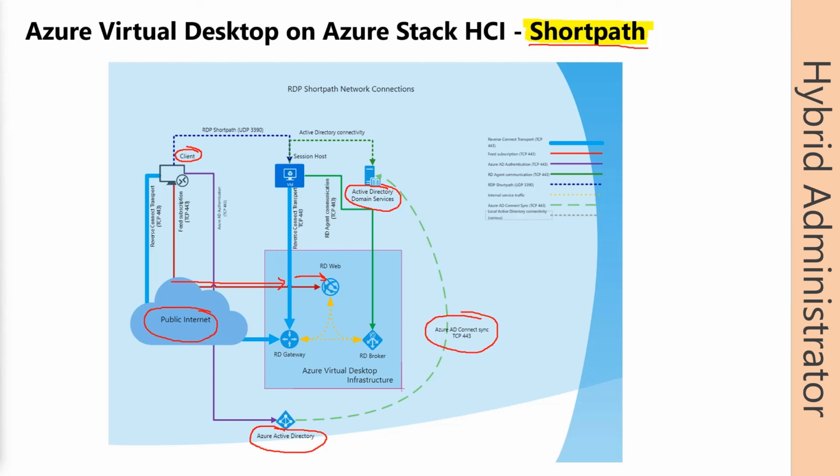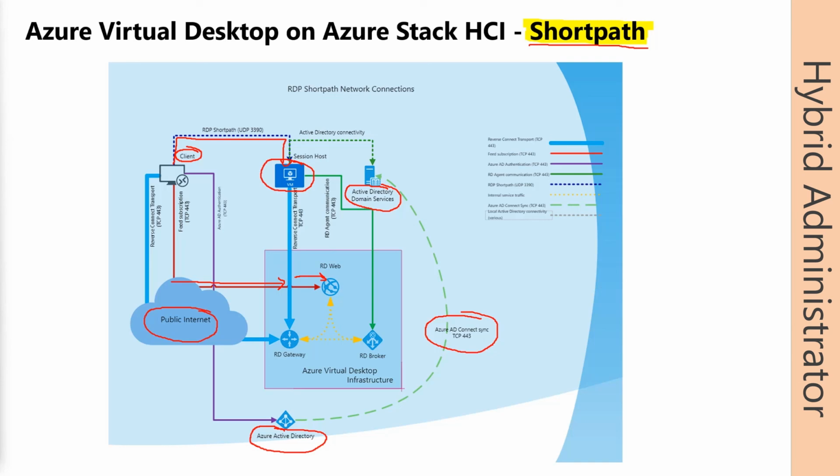And RDP Shortpath says, oh, dear client, we have a session host where you have a more efficient path, because the session host is in your local environment where you are located. How is this recognized? There's a Group Policy Object where we specify this Shortpath configuration, and the client needs a direct connectivity to the session host provided as a VM on Azure Stack HCI.